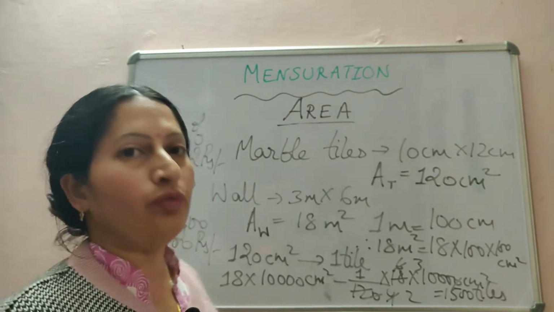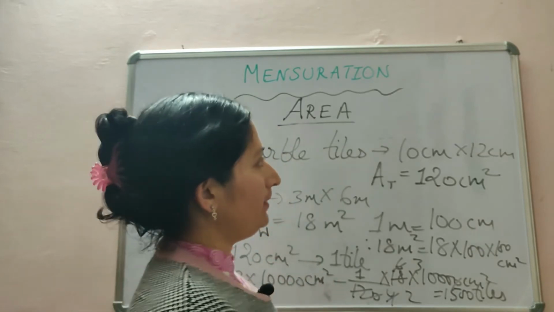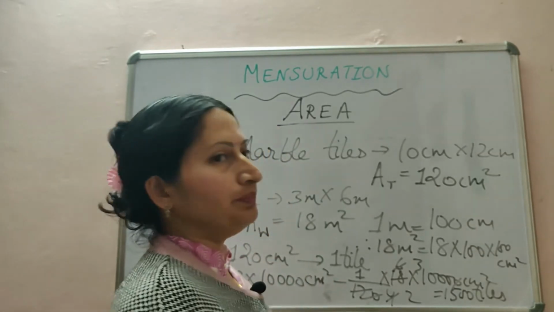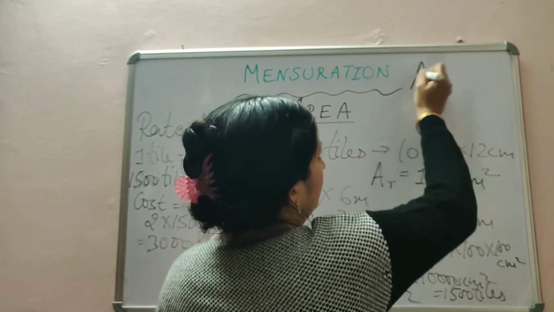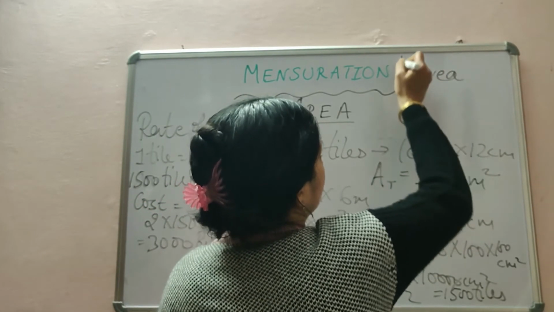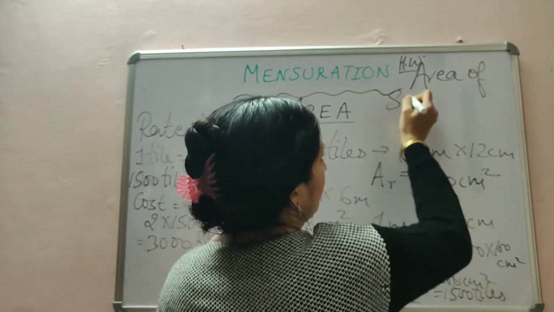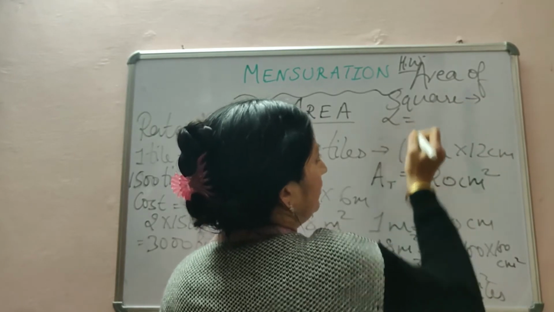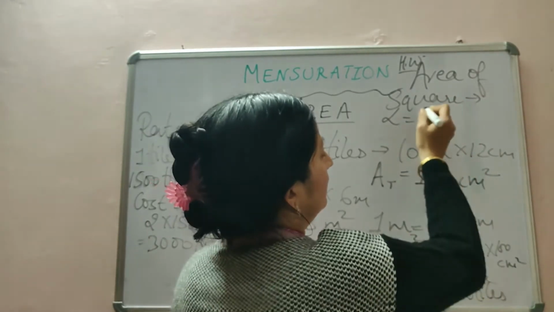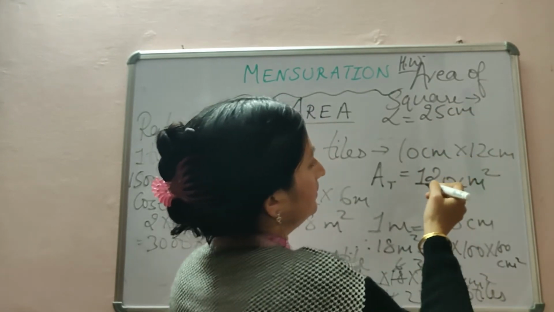So let's go over to the homework question. In the homework, ma'am is telling you to find the area of a square with length equal to 25 centimeter.